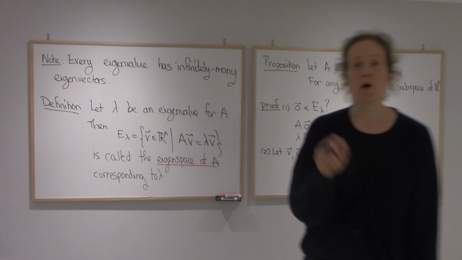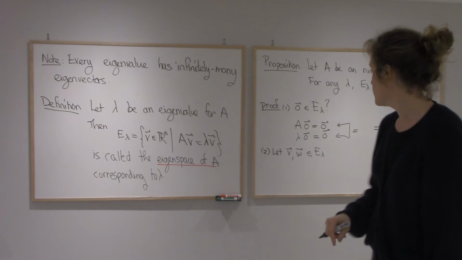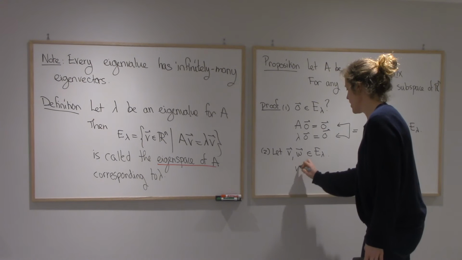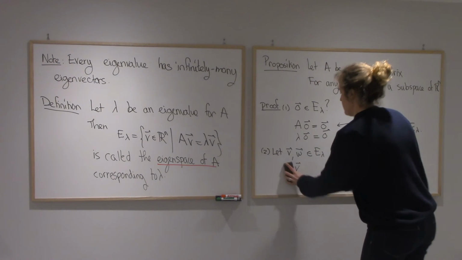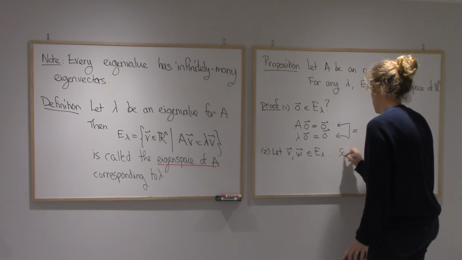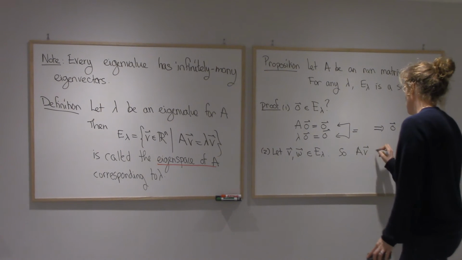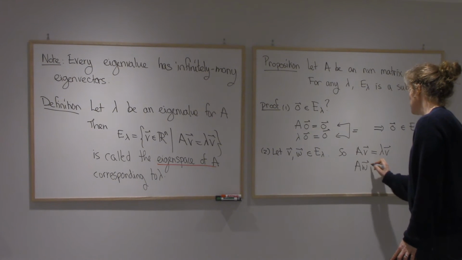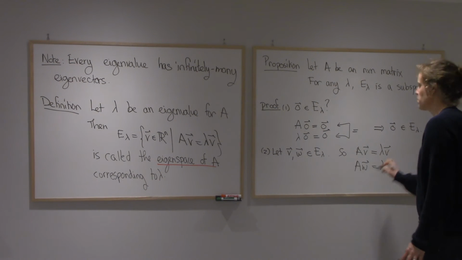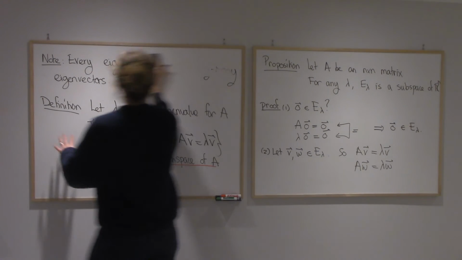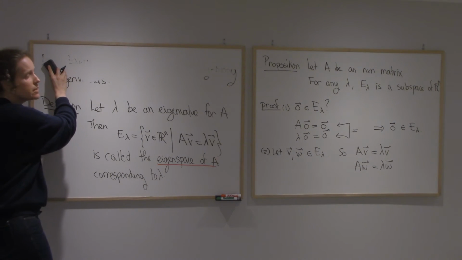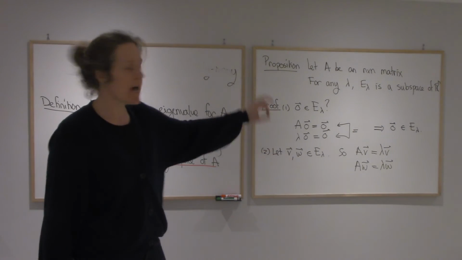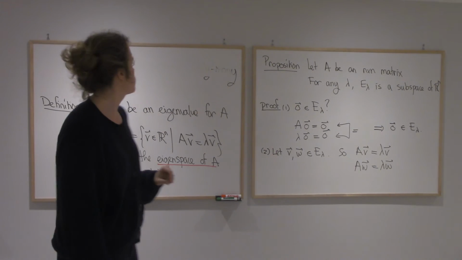Right, so let's write what we know about V and W. We know that A times V is lambda V, and we know A times W is lambda W. All right, so that was the condition for membership in this set. So as soon as we're told that V and W are in this eigenspace, we know that's true.